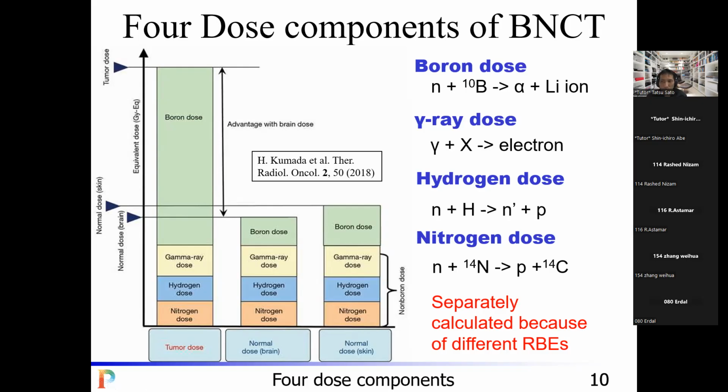That's why we need to distinguish these doses, because at the end, you have to multiply by RBE to get the actual therapeutic or normal tissue effect to the patient.